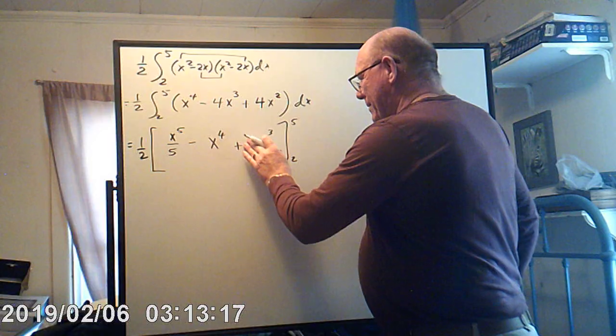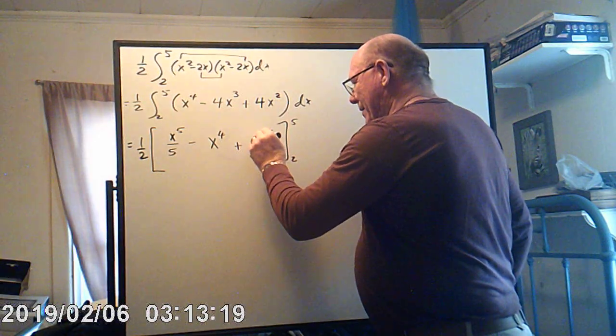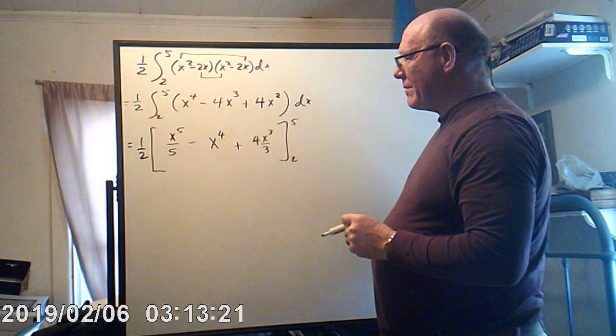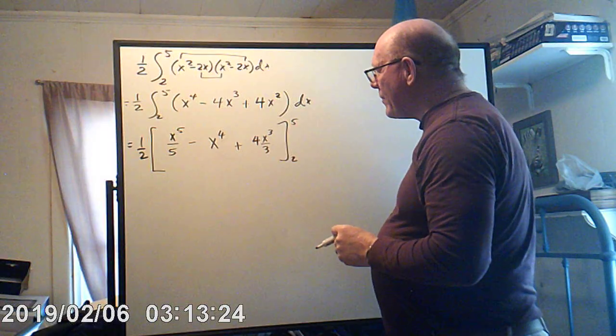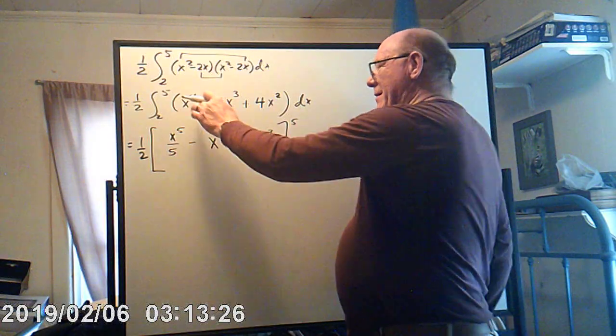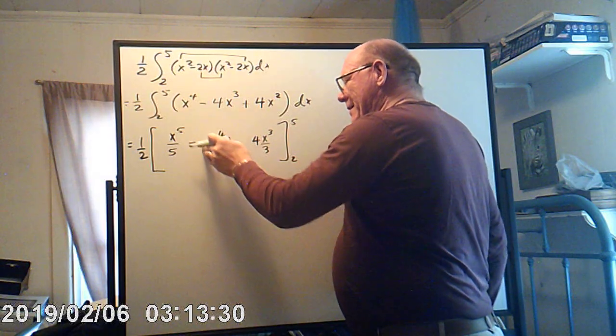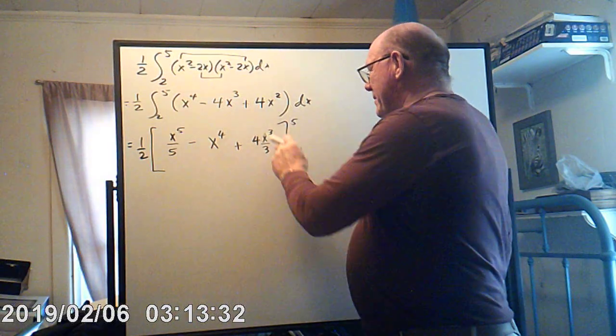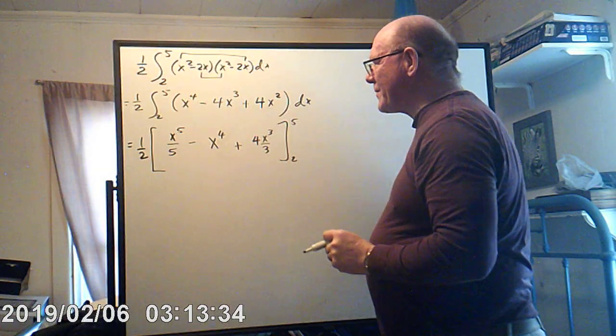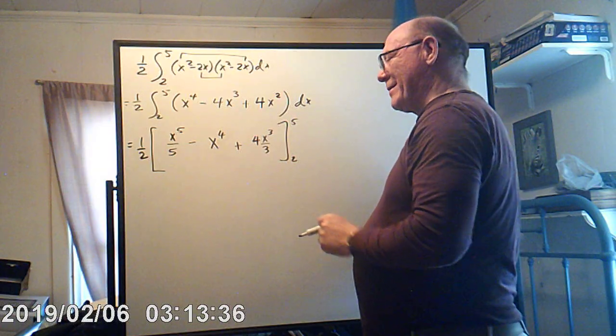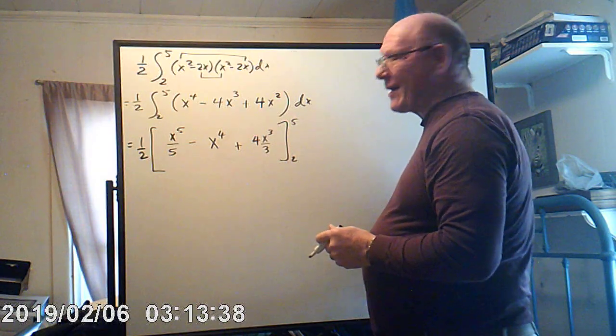That should be a 4 right here. Okay, now we did our integrating right. 5, 5, 4, that takes that 4 out. 3, 3 with the 4 out in front. We're good so far that I can see.